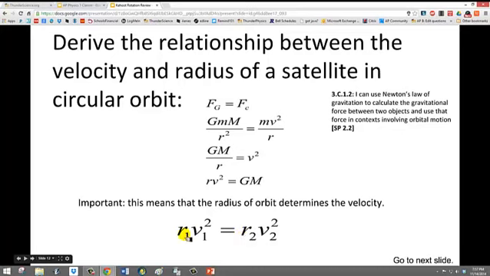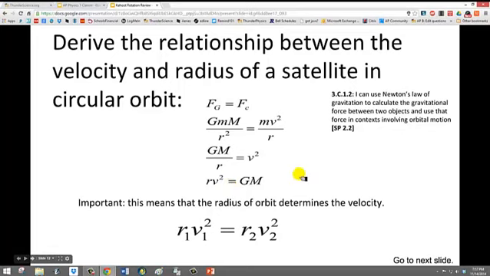What determines those values are the other three values. So, for example, to solve for r2, I would need r1, v1, and v2, and I would solve that algebraically. This next question, however, focuses more on that equation right there.